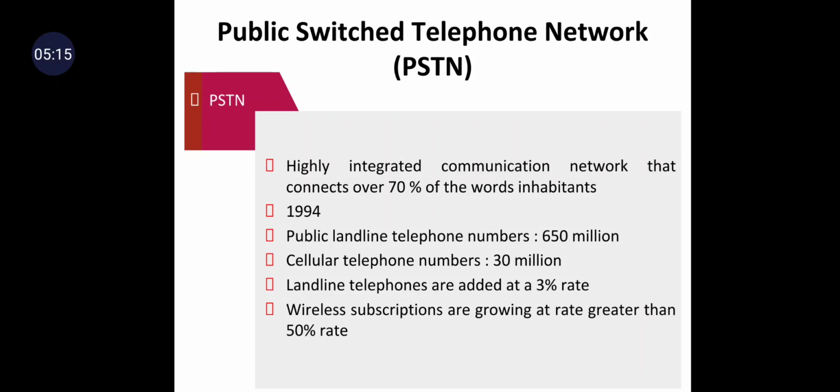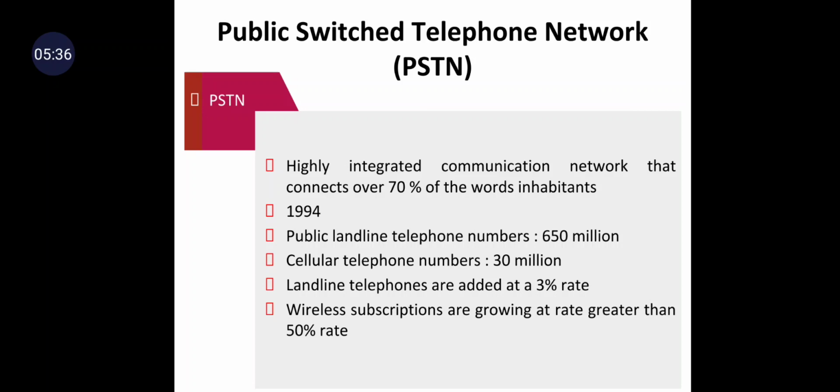Let's see in detail about PSTN. PSTN is a highly integrated communication network that connects over 70% of the world's inhabitants. In the year 1994, the public landline telephone numbers were 650 million, but the cellular telephone numbers were only 30 million.